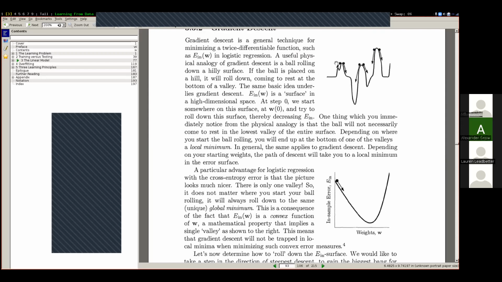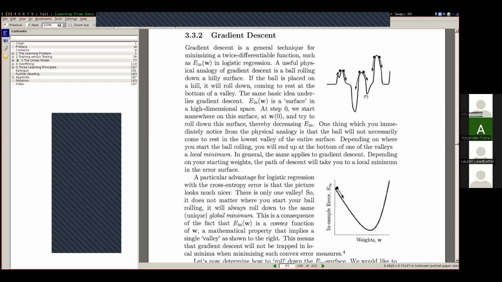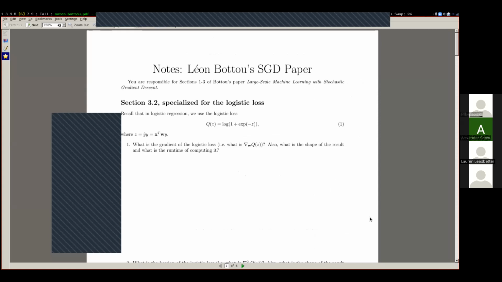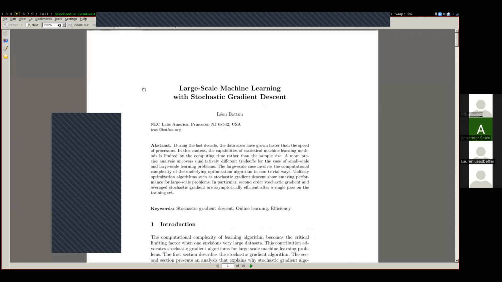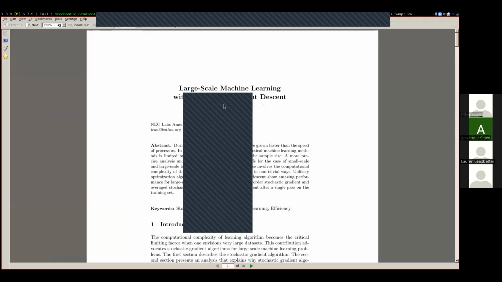The basic idea is that no matter where you start, you just keep going downhill until you get to a local minimum. The problem is that you'll get stuck at a local minimum with a graph like this. But if you reach a local minimum with a graph like this, then you'll be okay. So that's why we want things to be convex. But our next paper is going to make that all a little bit more formal for us and more practical.